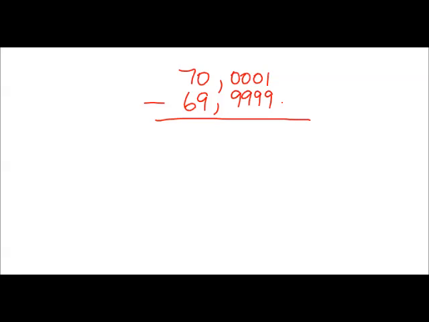I cannot do that subtraction. 7 becomes 6. 10 becomes 9. 10 becomes 9. 10 becomes 9. 10 becomes 9. 11 take away 9 is 2. 0,0002. Right, that is your answer. Remember, you always have to have a digit in front of the comma.